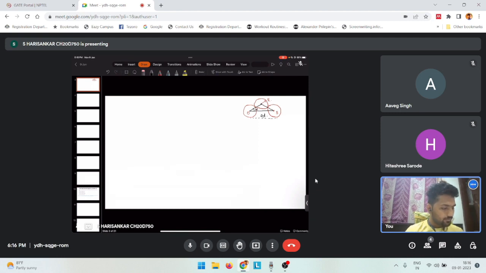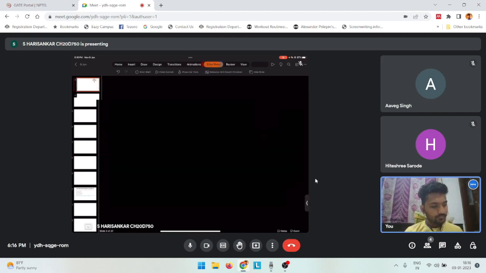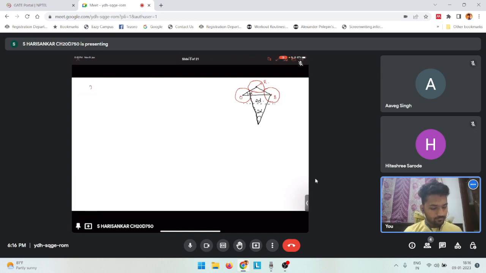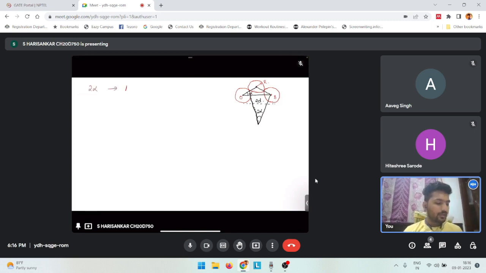The angle of the nip will be like this, so this angle will become 2 alpha, and this 2 alpha is called the angle of nip.